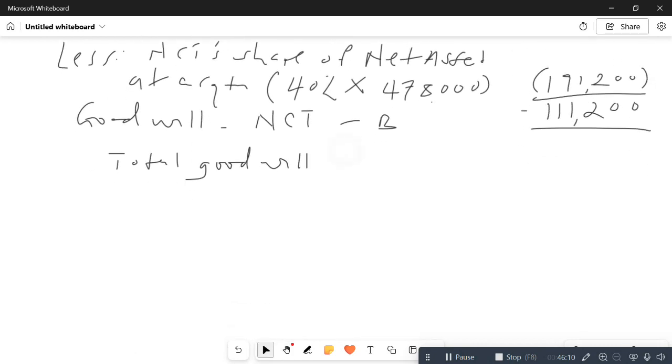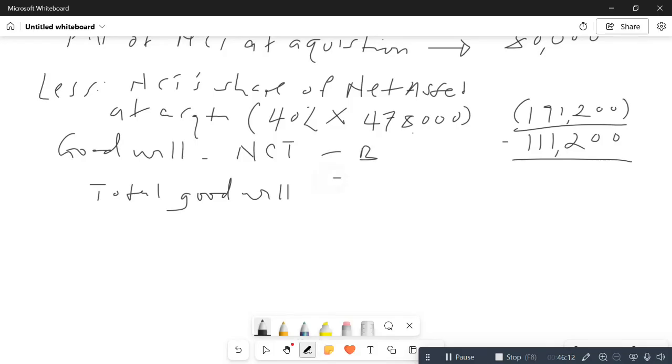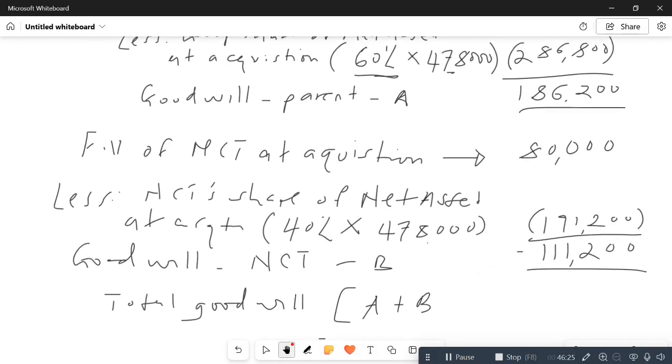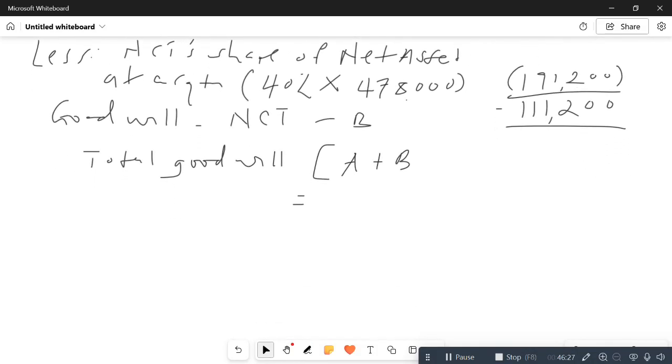So it's going to be A plus B. Let's do that. Here it's going to be A. How much was it? You check for parent, 186,200, plus this negative goodwill. Just put minus because it is negative already.